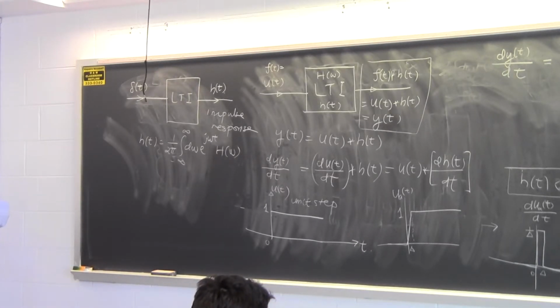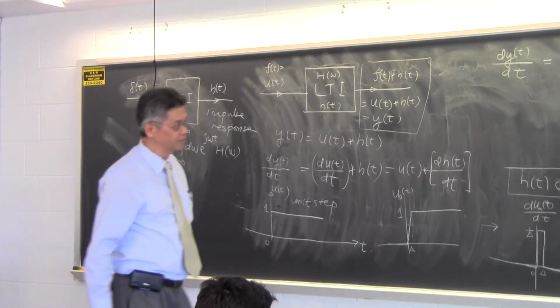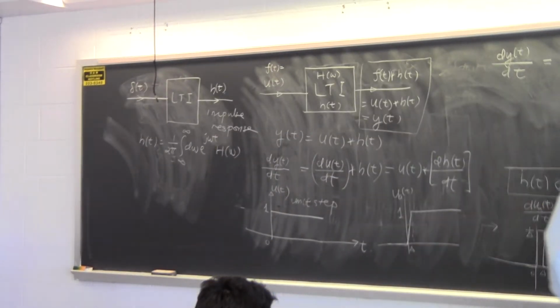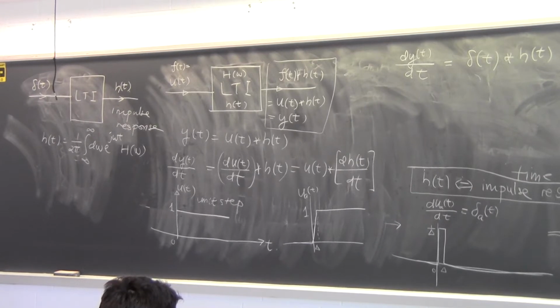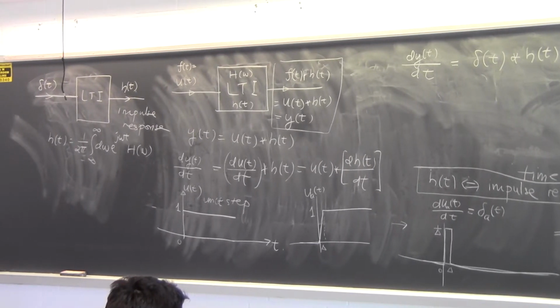So let's see what other things you need to know. An impulse function is actually a very special kind of function that mathematicians did not get used to, because it's a function that's infinitely large when t is equal to 0, and 0 everywhere else. Okay. Mathematicians have a hard time accepting this kind of function as a function.